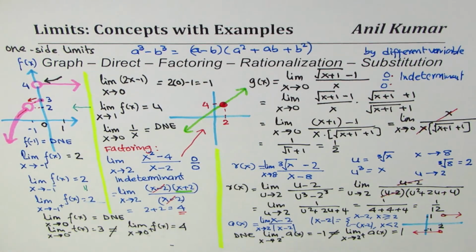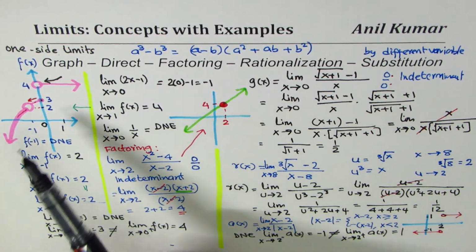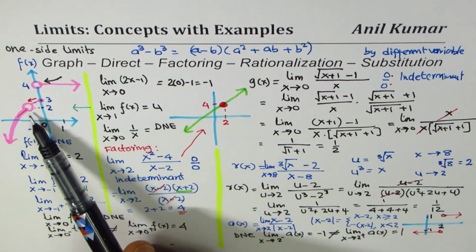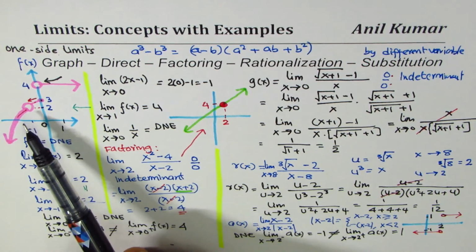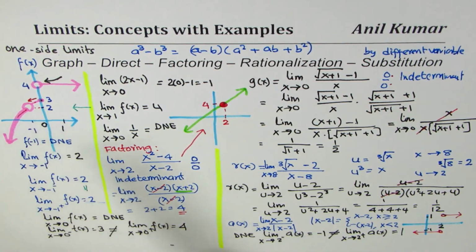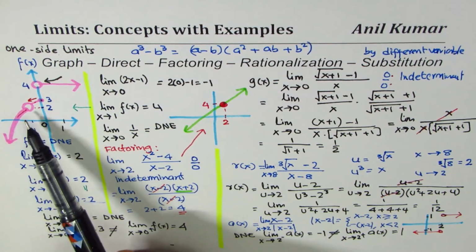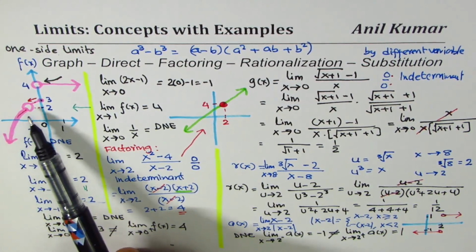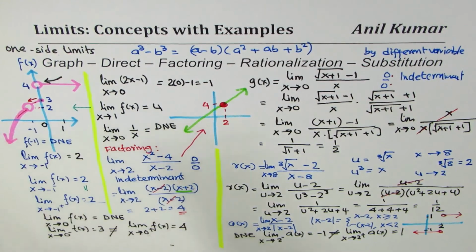Correct? Now that brings us to the end of the video, in which we have learned very important concepts. One of the concepts learned here is that a limit exists even if the function is not defined at that point. Perfect. A limit will only exist if the left side limit is the same as the right side limit, as in this case.